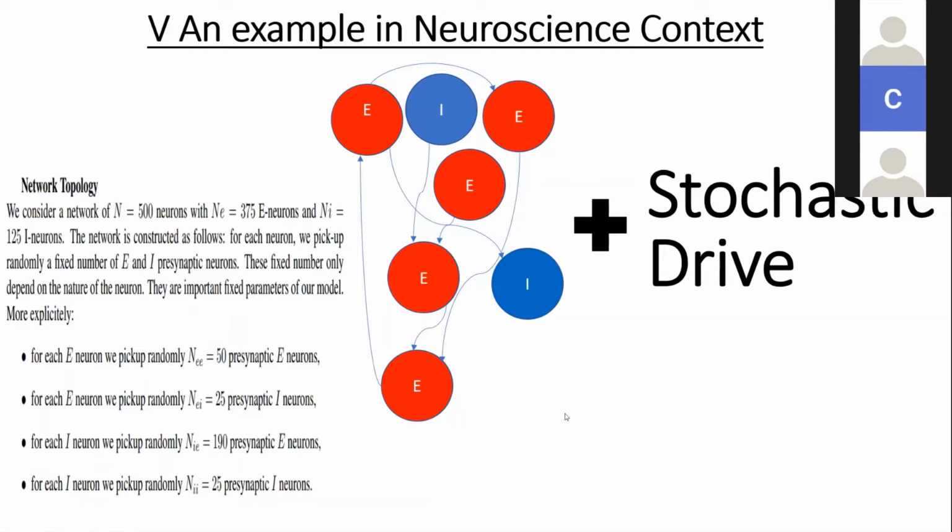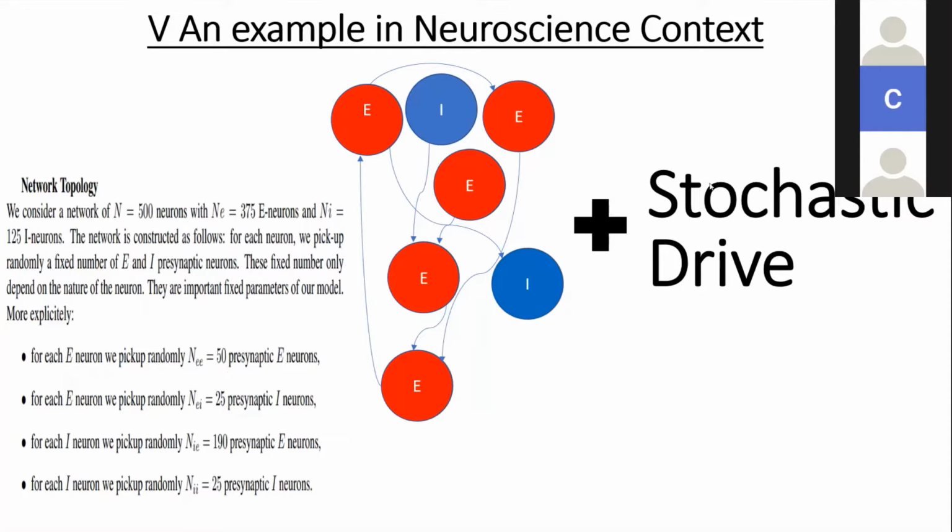For example, in this paper, for each E neuron, we chose 50 among the 375 E neurons and connected them to the neuron. And the same for the I, so EE, EI, IE, II.